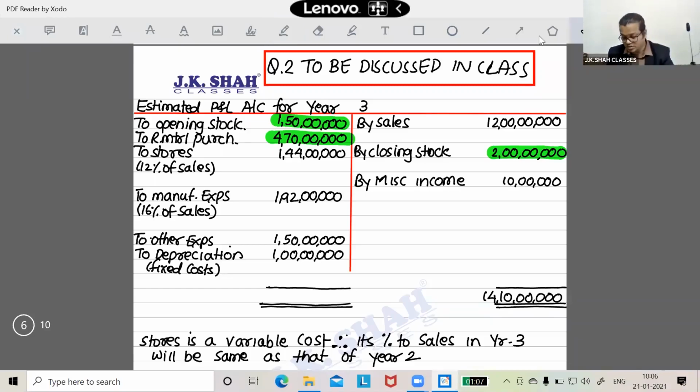Okay, take the total: 0.5 CR plus 4.7 CR plus 1.44 plus 1.92 plus 1.5 plus 1, that is 12.06. 12.06 minus 14.1, 2.04 means I get my profit, 2 crore 4 lakh.